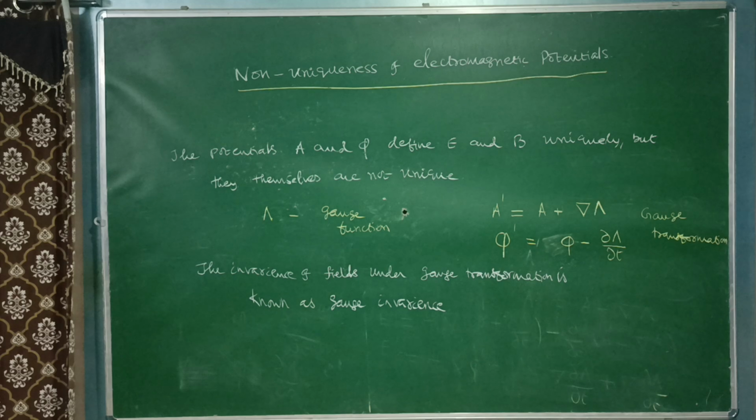Here the function lambda is called the gauge function, and the transformation A dash equal to A plus grad lambda, phi dash equal to phi minus dou lambda by dou t is called gauge transformation. The invariance of fields under gauge transformation is known as gauge invariance.